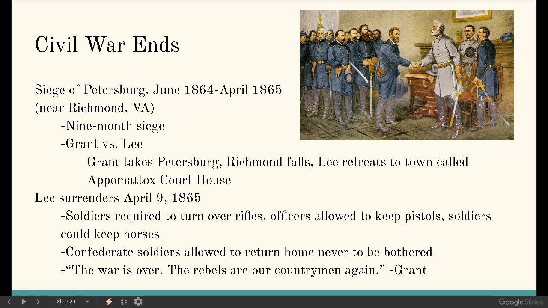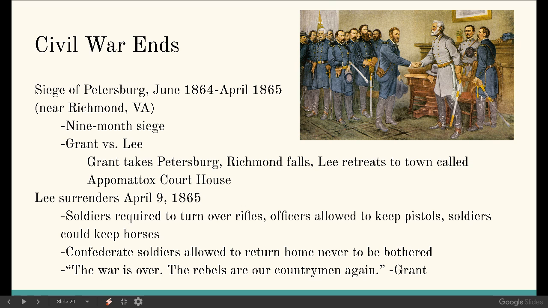So our last major conflicts here are the siege of Petersburg and then the battle at Appomattox Courthouse. So the siege of Petersburg was a 9-month siege. Petersburg is near Richmond, Virginia. So this takes place from June 1864 to April 1865.